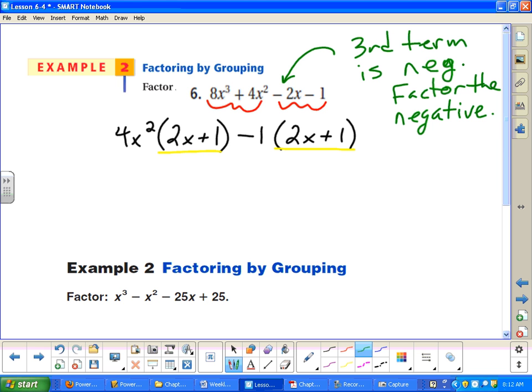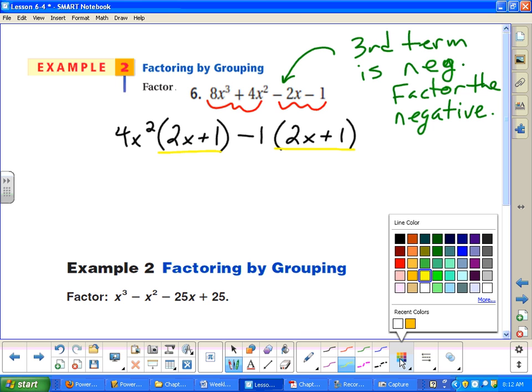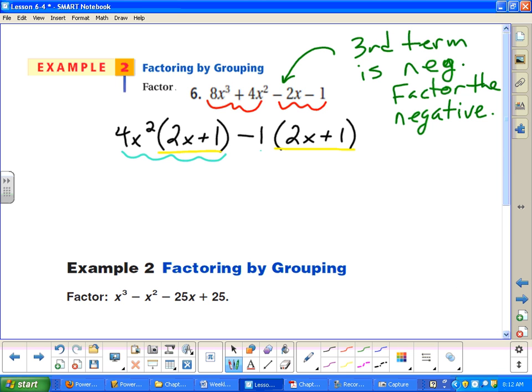Okay? So now if we look at these, I have underlined in yellow those two 2x plus 1s. They are greatest common factors, because if we look at this whole part right here and this whole part right here, we have two terms here, don't we? Those two terms have a common factor now, don't they?